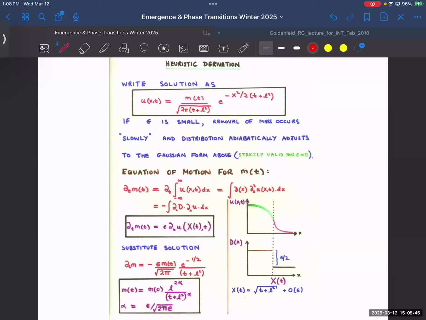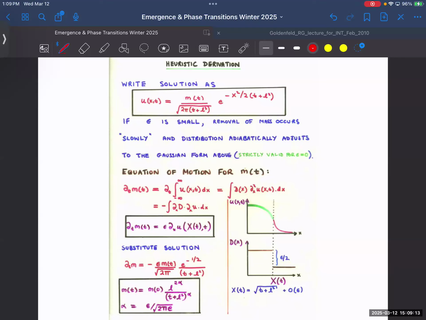So let's say, what if the rate at which it disappears into thin air is going very slowly compared to the rate at which it expands? So we're going to make an adiabatic approximation. We're going to say that the removal of mass occurs slowly. Think of it like this: the fluid expands out, a little bit gets lost, but very slowly.